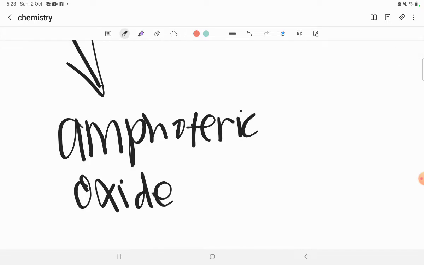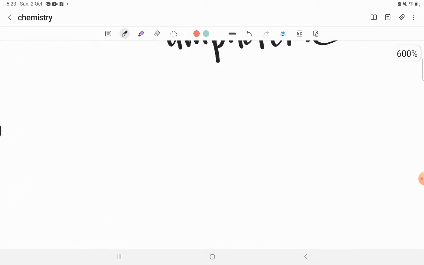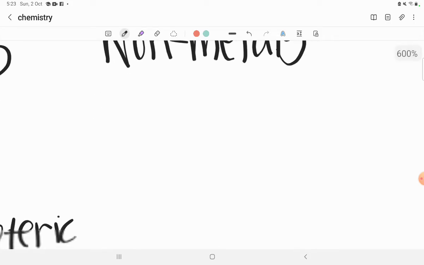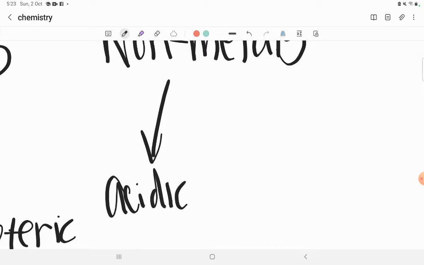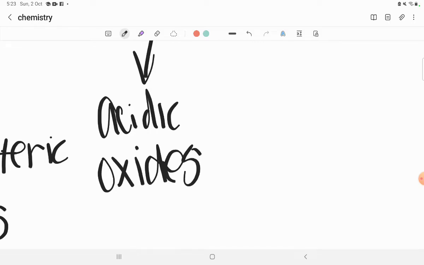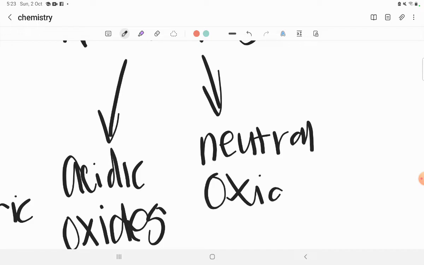However, non-metals can fall under acidic oxides or, sorry, neutral oxides.